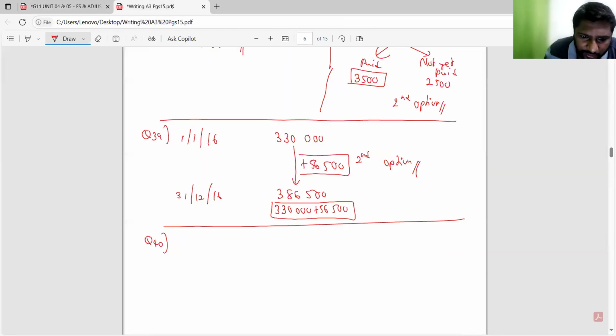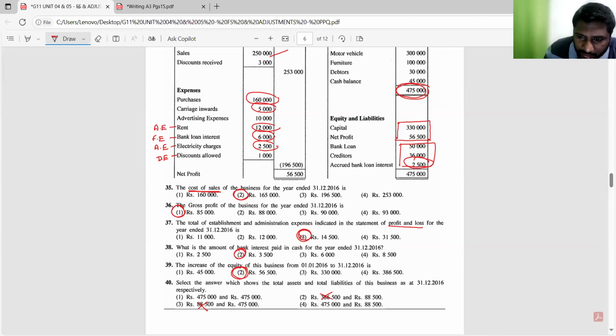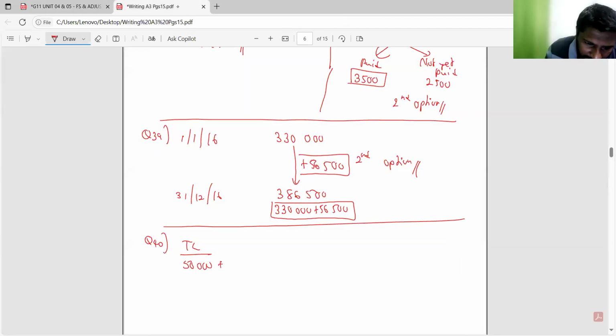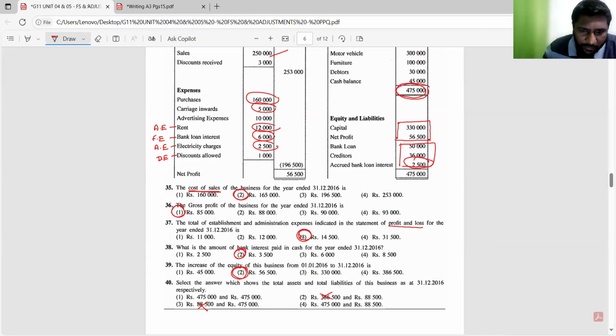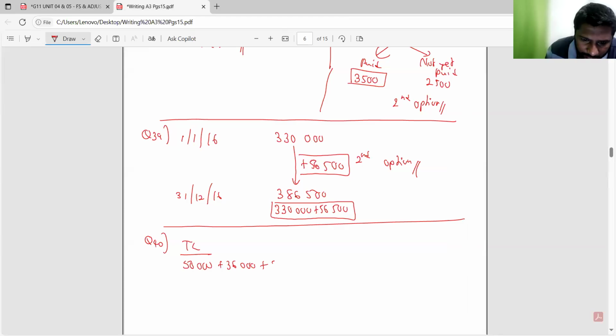Bank loan 50,000, creditors 36,000, accrued interest 2,500. The total liability is 88,500.